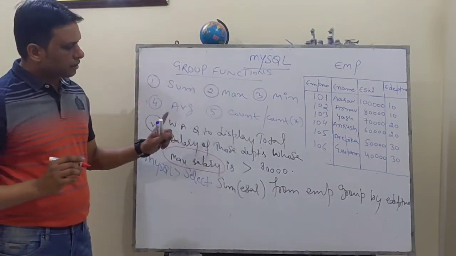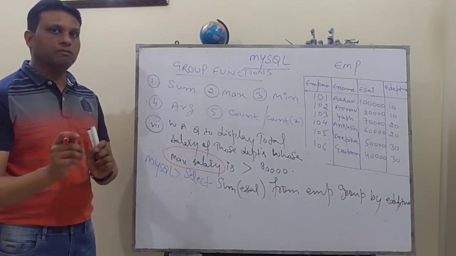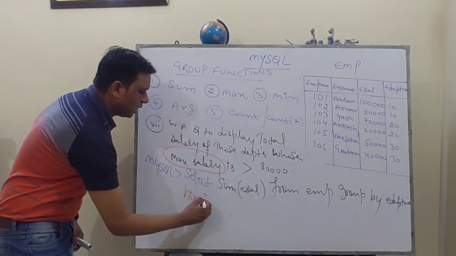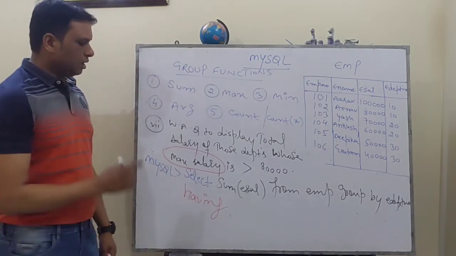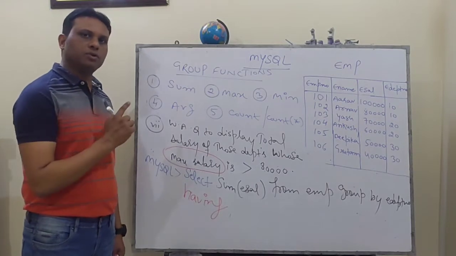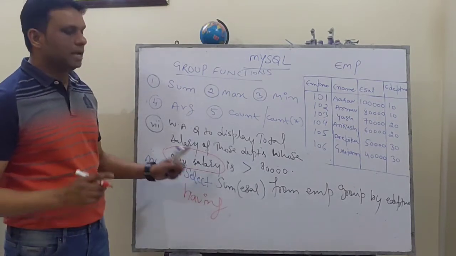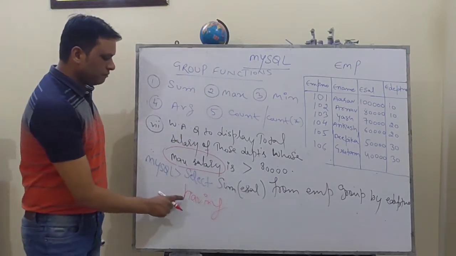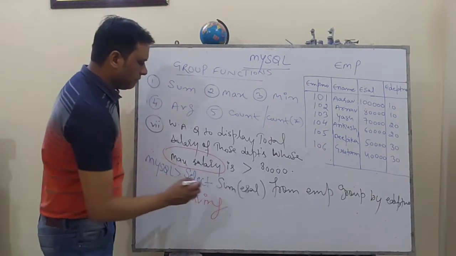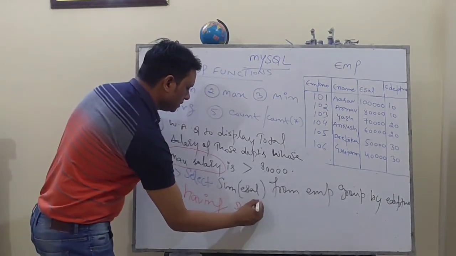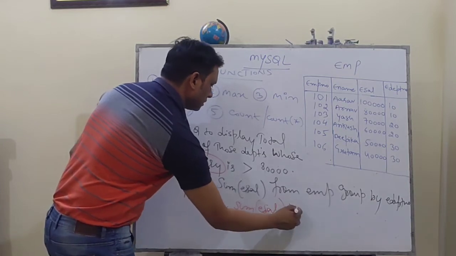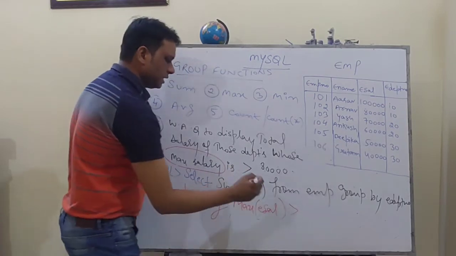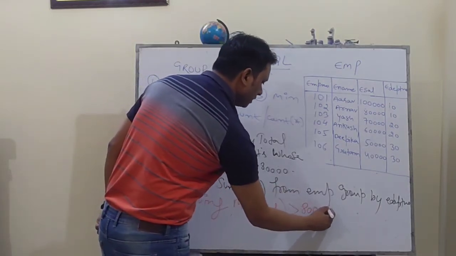Always remember that whenever we have to apply any group function in the conditional part, for that we have to use having. Till now all of you know that for a condition we have to use where, but wherever you find any group function out of these five in the conditional part, then we have to use having for it. Having max E salary greater than 80,000.